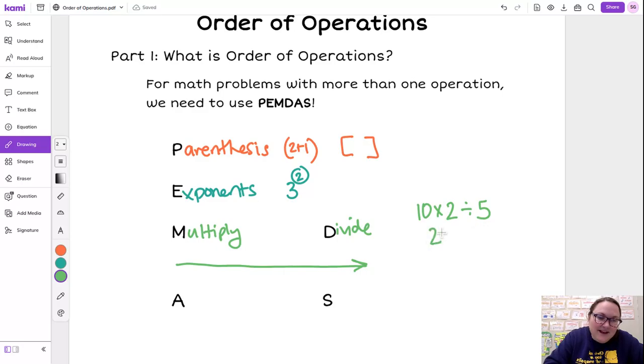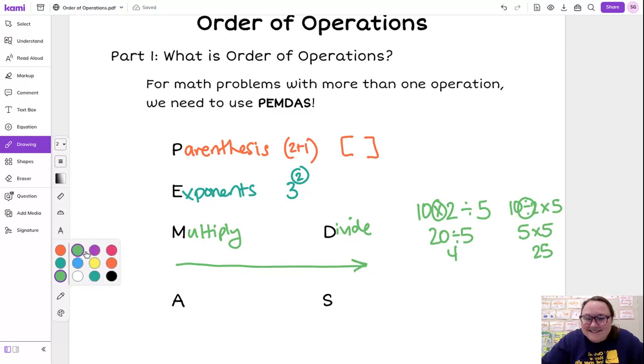I do my multiplication first and then my division. But if it looked like this, same thing, we go left to right. So for this problem, I'm doing the division first and then the multiplication. You start with whichever one comes first in the problem going left to right.